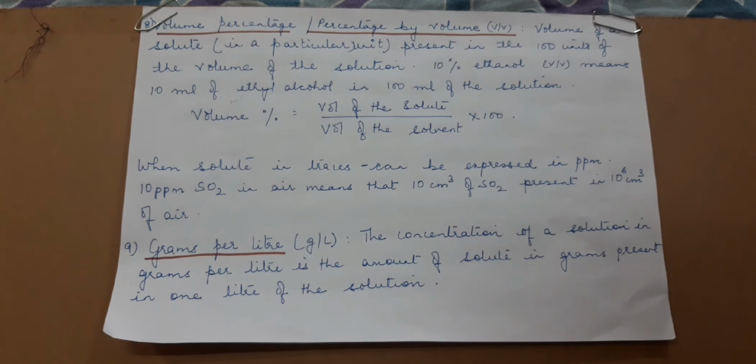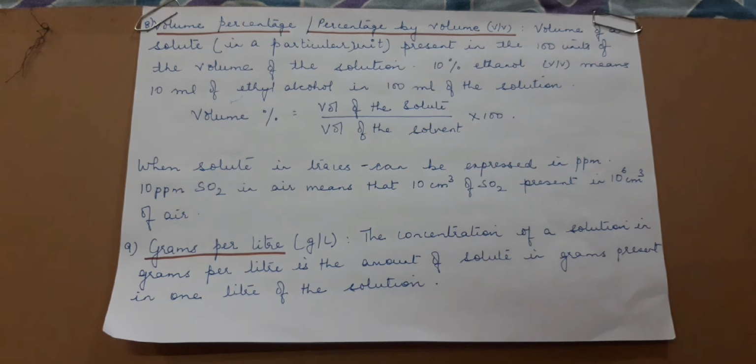For example, 10% ethanol in terms of volume percentage means 10 ml of ethanol or ethyl alcohol in 100 ml of solution. So when we say 10 ml of ethanol, volume of the solute is 10 ml, volume of the solution would be 100 ml.